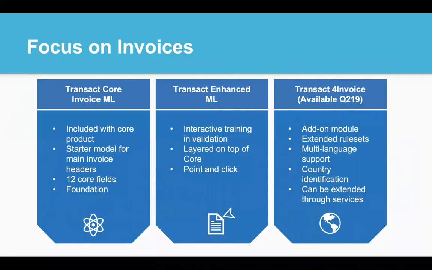This release also includes enhanced machine learning, which allows operators point-and-click capability to further train the system. And finally, in Q2 of 2019, we'll be releasing Transact for Invoice, an extended model that addresses the reality of multi-language support, country identification, and more. And I'll show you some of that in the demo.